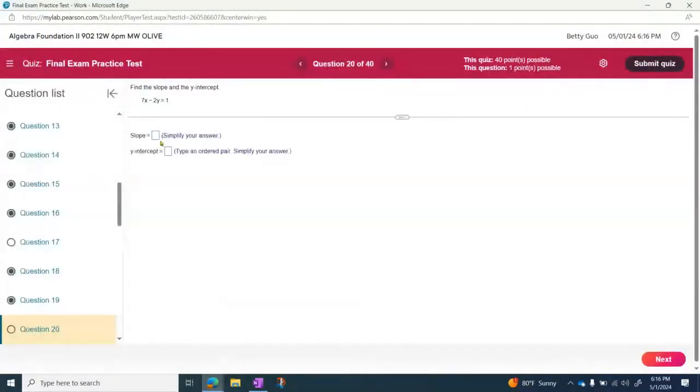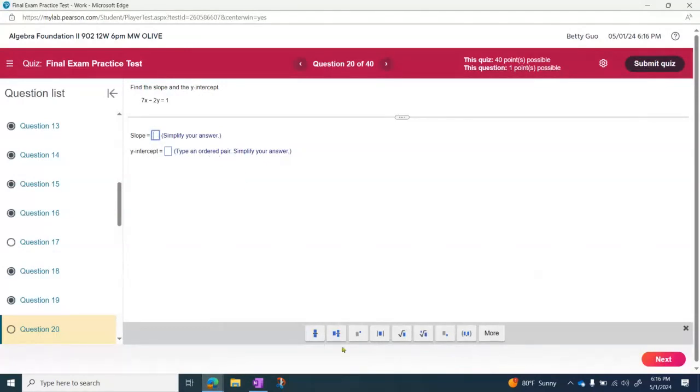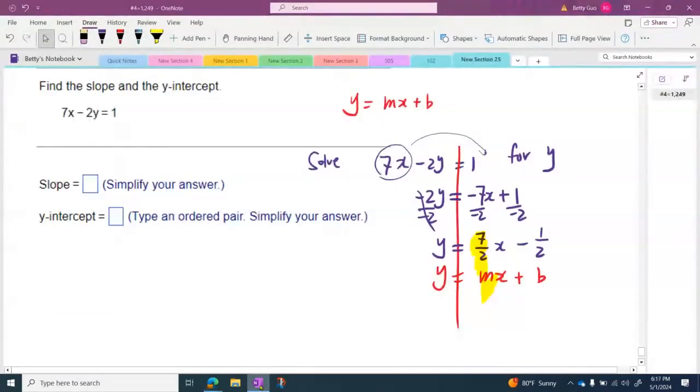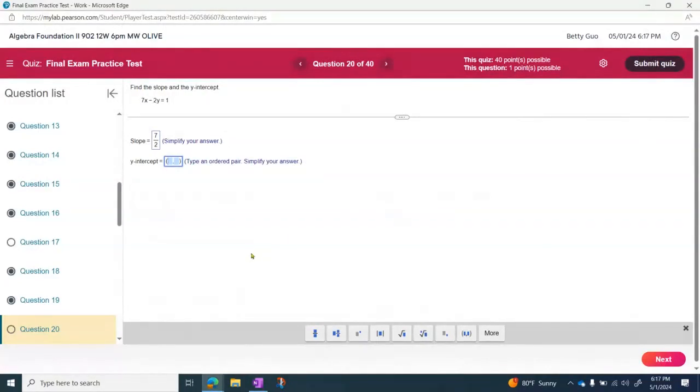All right, so let me remember that. Slope is 7 over 2. Let me type it first. Simplify your answer. 7 over 2 is a simplified fraction. Y-intercept. Read the sentence in the parentheses. Type an ordered pair. Simplify your answer. So if you only type in -1/2, and you get it wrong, you have to type in an ordered number pair.